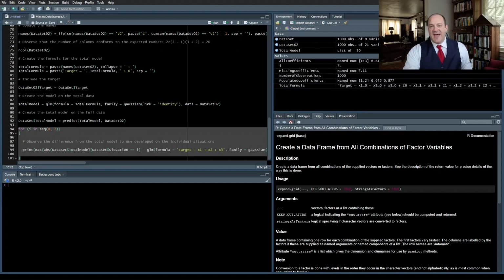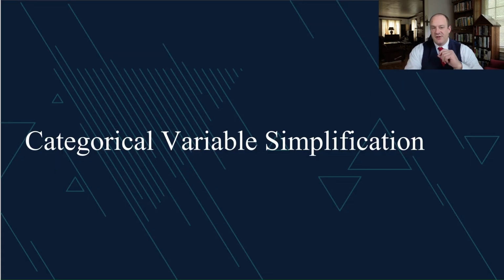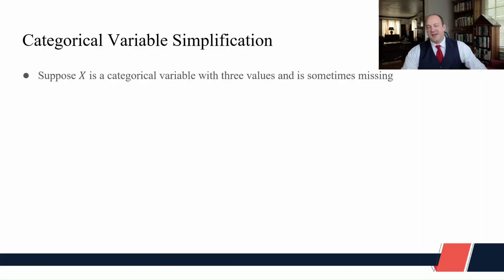I want to get back to the slideshow now and show how this works in practice when you are talking about categorical variables. So there's actually a simplification that takes place if you know ahead of time that you're dealing with a categorical variable. And it's exactly what you think it is.